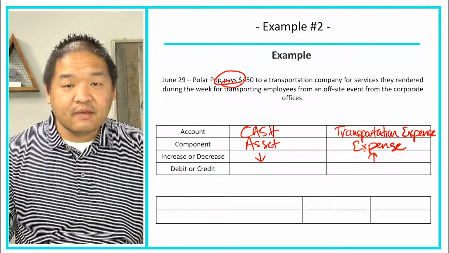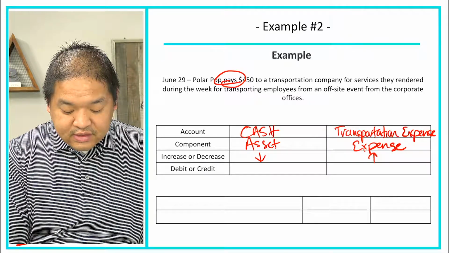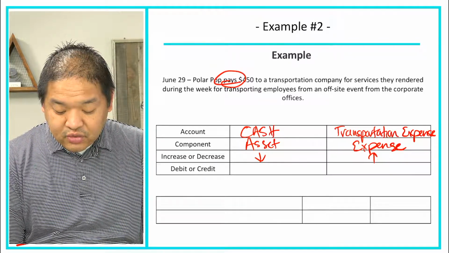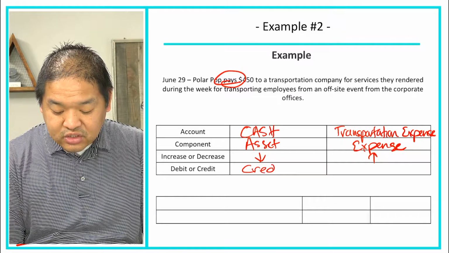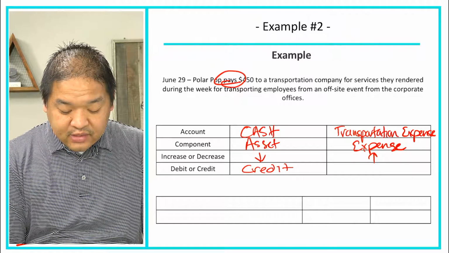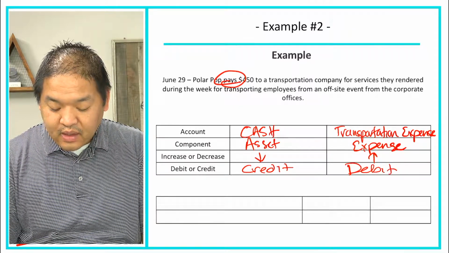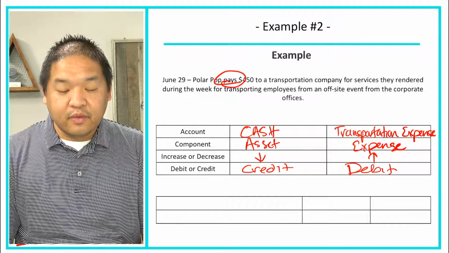All right, kind of the same thing as the last one here. Cash is an asset. Asset decreases. So we're going to credit cash. Transportation expense is an expense. That expense increases. Therefore, it is a debit. All right, so then debits go before credits.